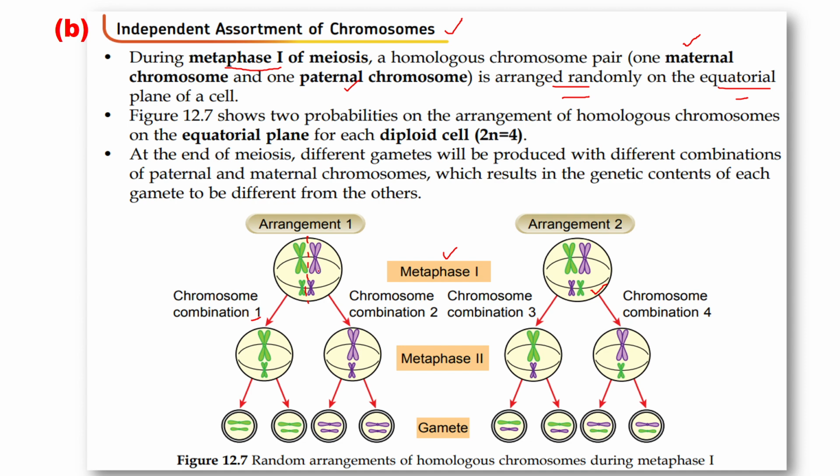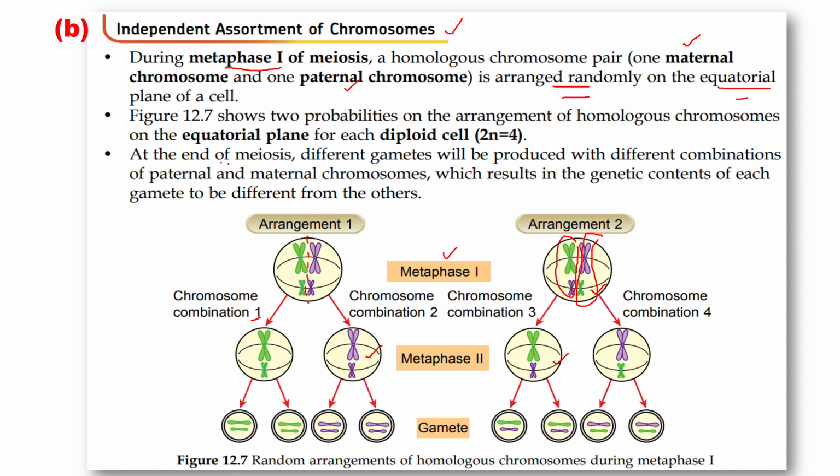Combination 1, combination 2, okay, and then when we have reached metaphase 2 lah, combination 3, and combination 4. So how they are arranged on the equatorial plane of the cell is going to make a difference.